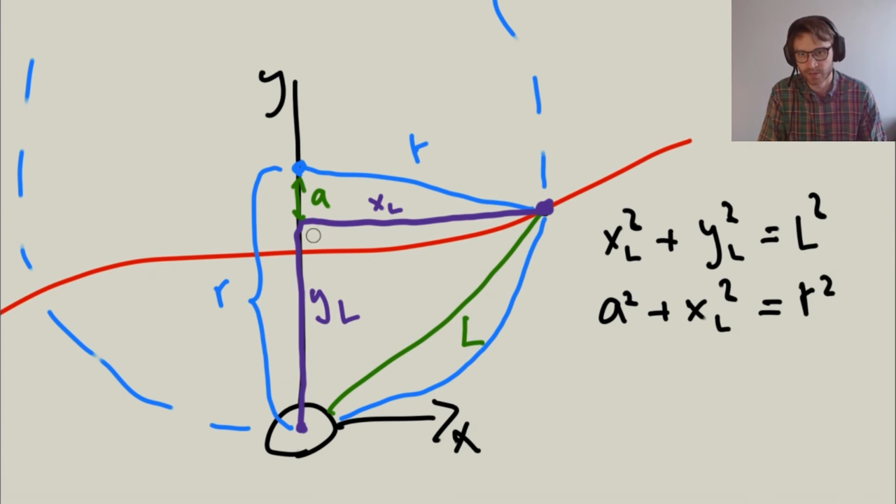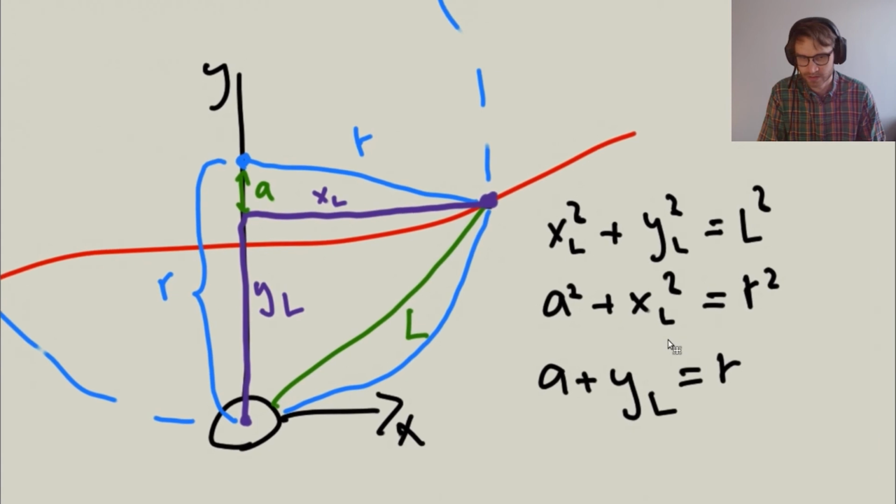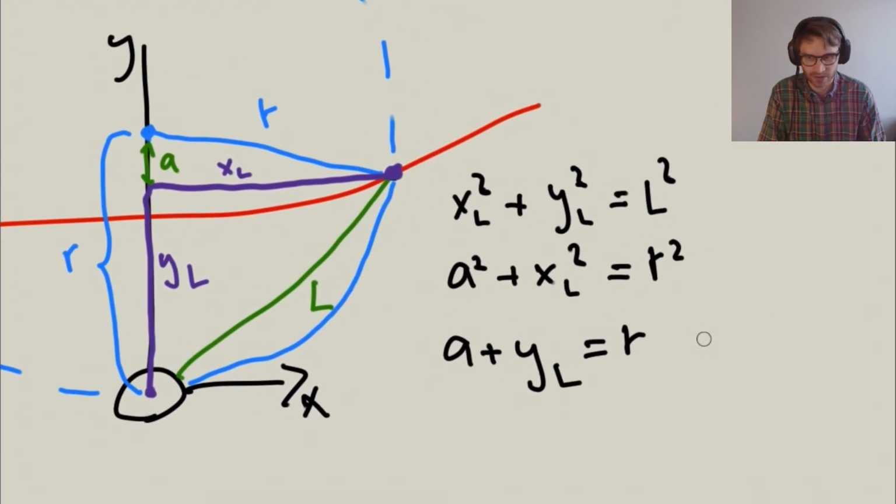Lastly, we know that R, this radius, consists of A plus YL. So we have A plus YL equals R. In the lecture slides, these were denoted in a different order. So this is equation 1, this is equation 2, and this is equation 3.